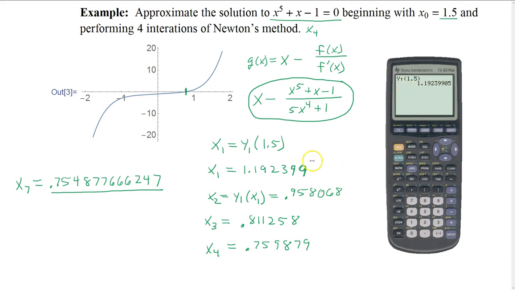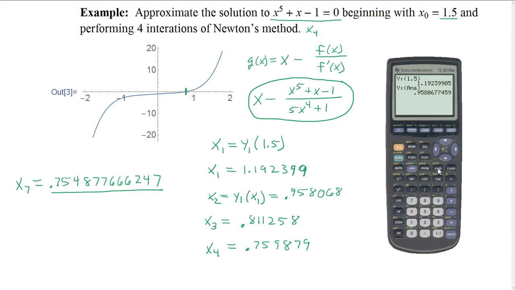Now to evaluate y1 of this number again, you have to go vars, yvars 1 1, and then of, and on the 83 it also has an ANS right above the negative button right there. So second ANS, close the parenthesis, and there you go, 0.958068, which is what we have down here.